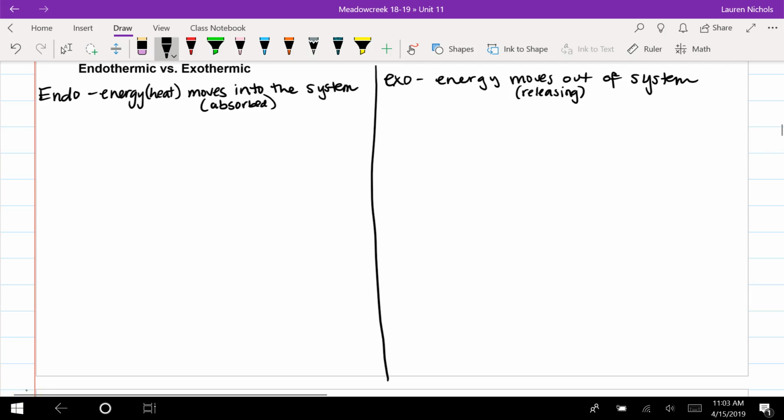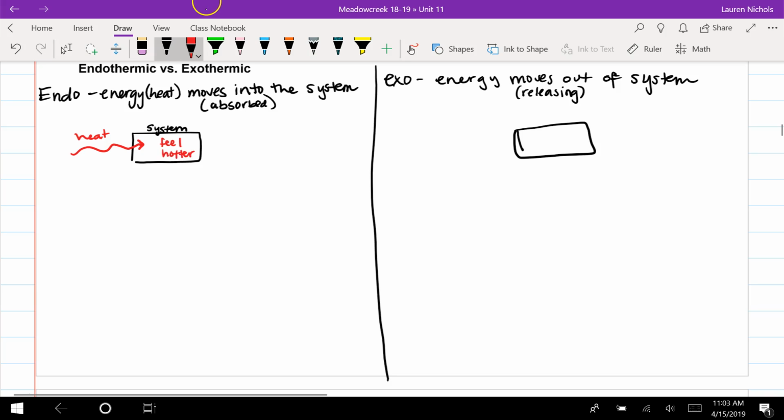For endo and exothermic, let's pretend that our system is this box that I'm drawing. If our system is endothermic, that means heat is going into the system. And so that means that our system, our box, is going to start to feel hotter.